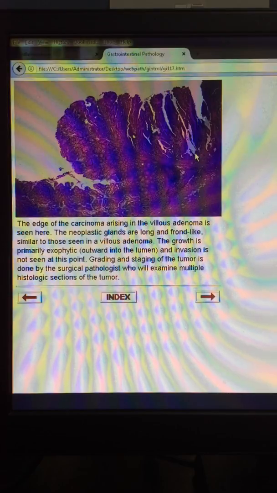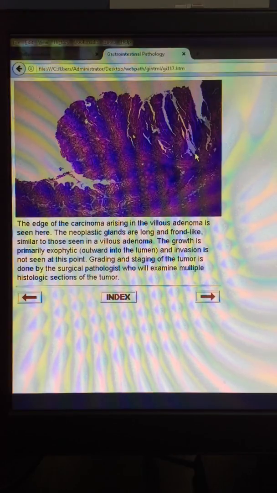And usually colon cancers are graded as low grade and high grade tumors, or well differentiated, moderately differentiated, and poorly differentiated tumors. Well differentiated means that this tumor is very similar to the normal colonic tissue in terms of well-formed glands or crypts.